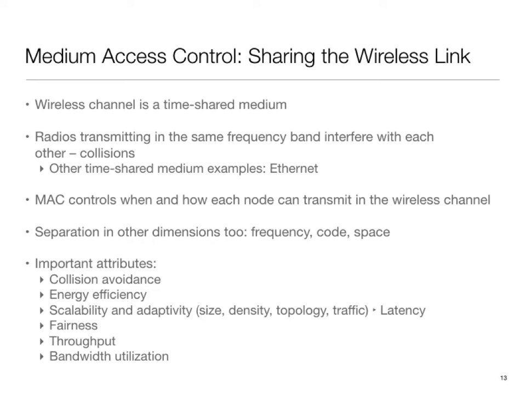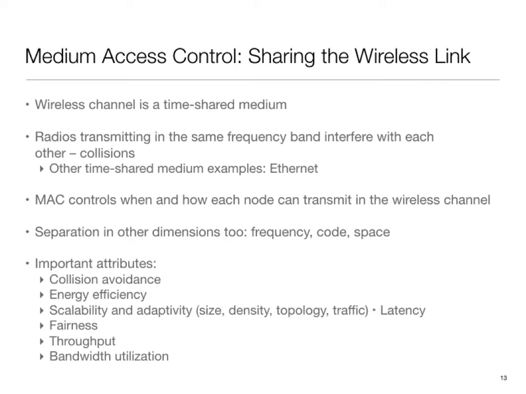Okay, so that's the topology part. The next up is link sharing. Now we have these topologies, and I have various types of links depending upon the topology. That's where the MAC protocols, or medium access control, come in, and they're fundamentally playing the same role as the schedulers that we discussed earlier in the course. In fact, they're exactly the same thing.